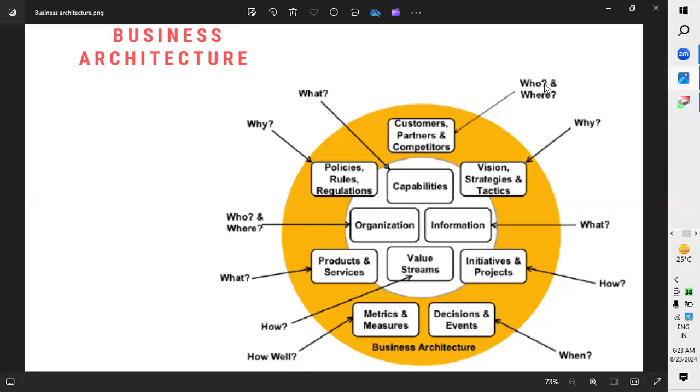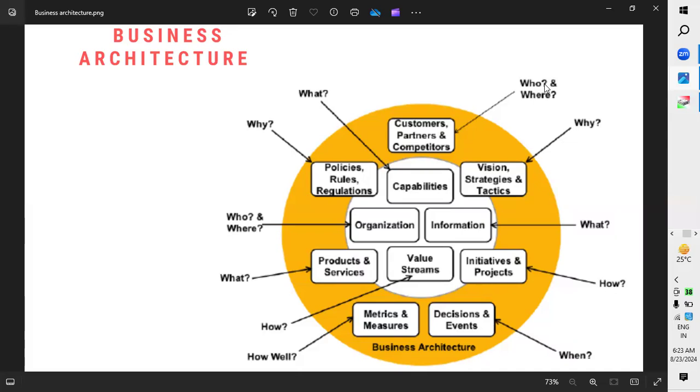Point number two, they have business goals and targets they want to achieve, and as part of it they want the core banking application enhanced. Agreed or not? Agree. So this is what we should understand about vision, strategies, tactics, etc.